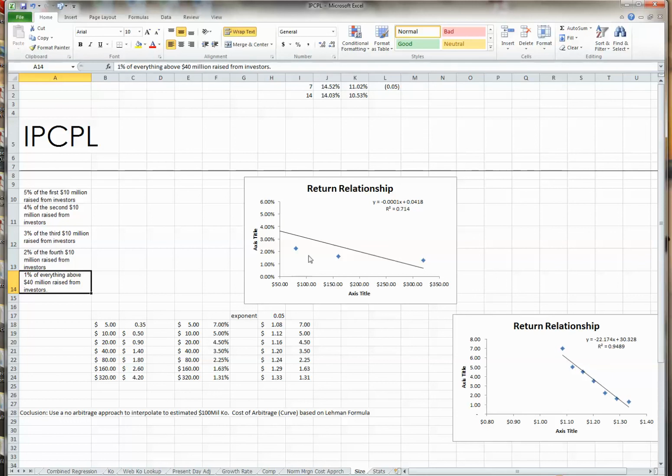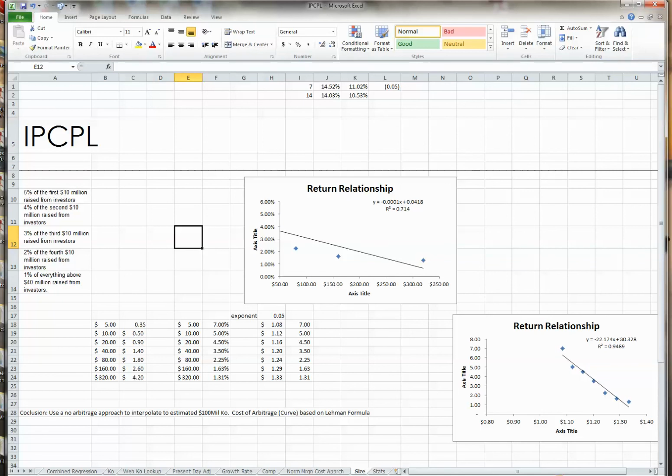So we use that relationship as our exponent to determine the cost of arbitraging between changes in cost of capital from size to size. So as size gets bigger, the change in the cost of capital becomes smaller so as to not allow arbitrage. So it becomes larger as size becomes smaller because the cost of arbitraging as a percent of value becomes larger as you become smaller.